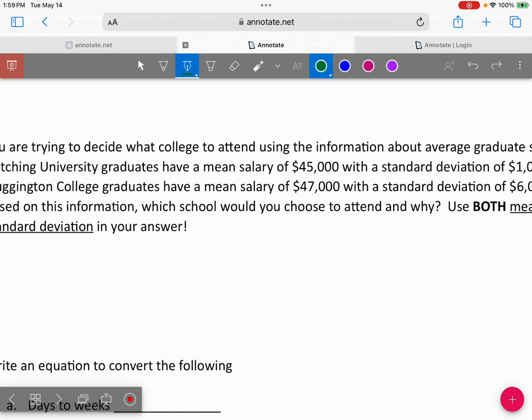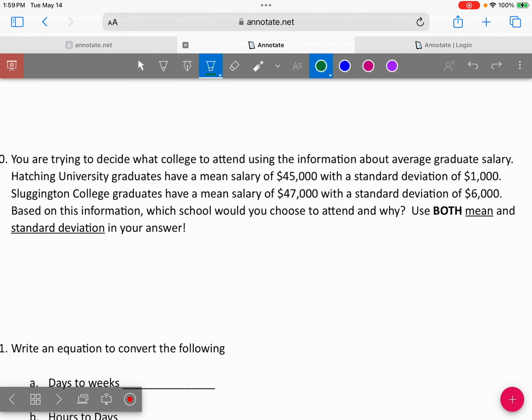So you're trying to decide what college to attend by using the average graduate salary. So we have here that Hatching University has a mean salary of $45,000 with a standard deviation of 1,000.